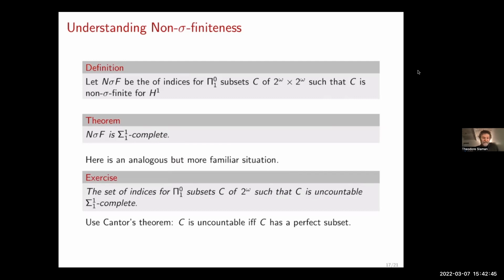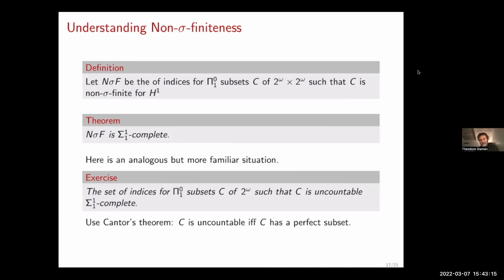Once you think of doing the index calculation, this is a fairly obvious thing. Suppose you look at the problem not of being not sigma finite, but of being not countable. The set of indices for closed Π^0_1 subsets of the Cantor set such that C is not countable is Σ^1_1 complete.